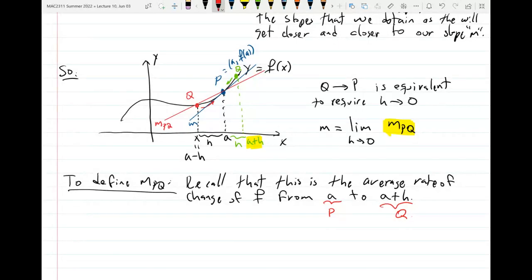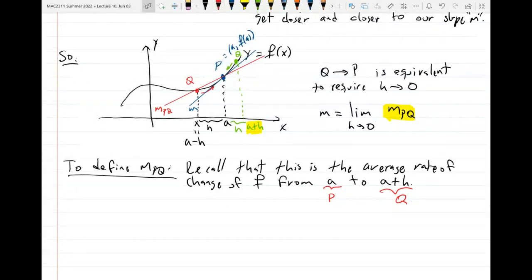But in general, let's just put a plus h. Basically, this is from P to Q, so that's what the slope of that secant line is.